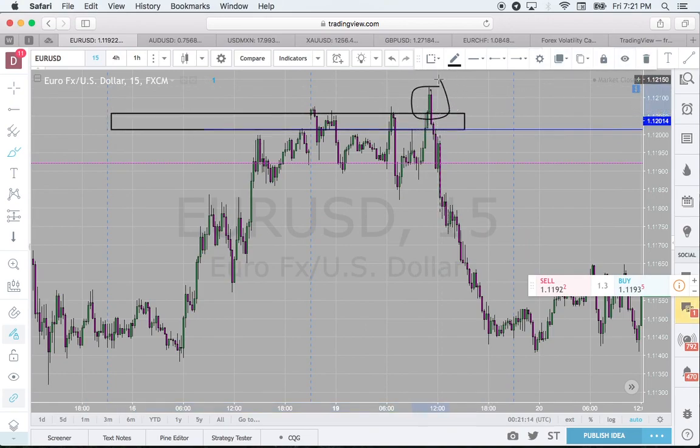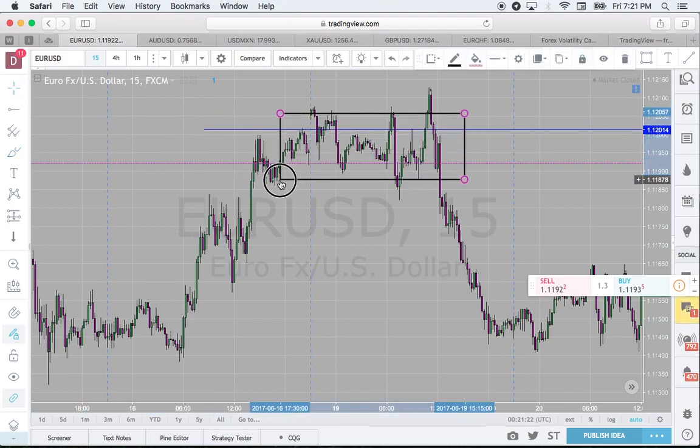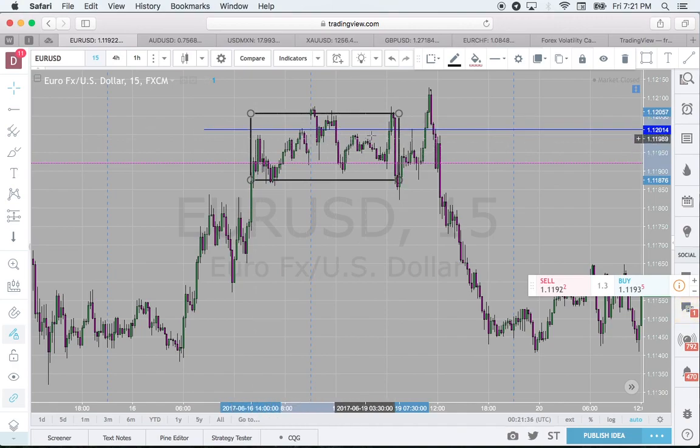stop hunt right here. How did we know this was a stop hunt? Well, first of all, we know for a fact that 90% of the time the market will consolidate for 5 hours before closing and then open with 5 hours of consolidation. And this varies.